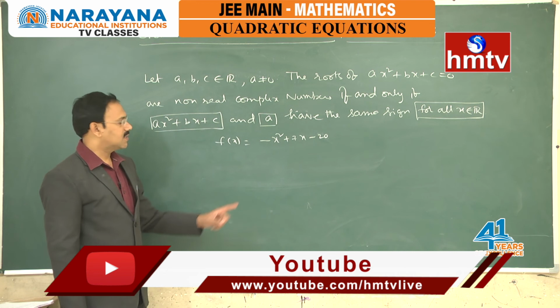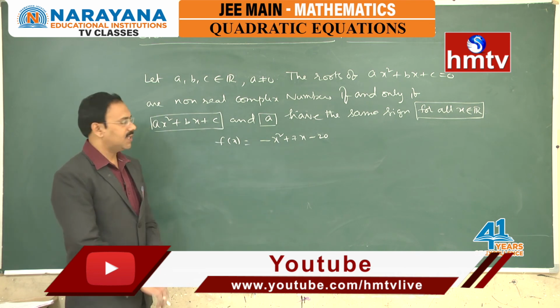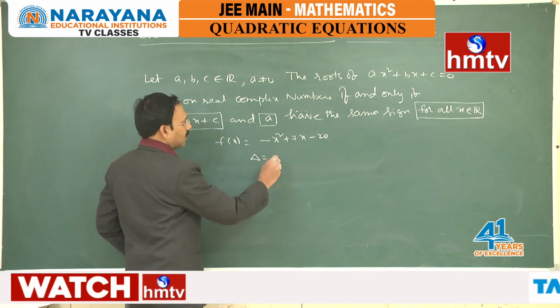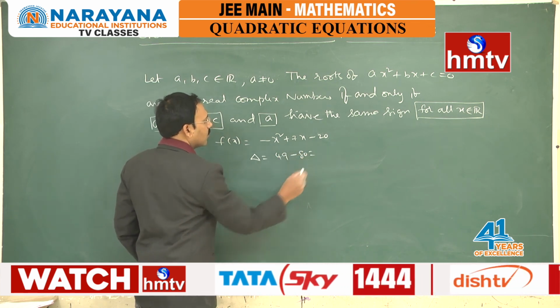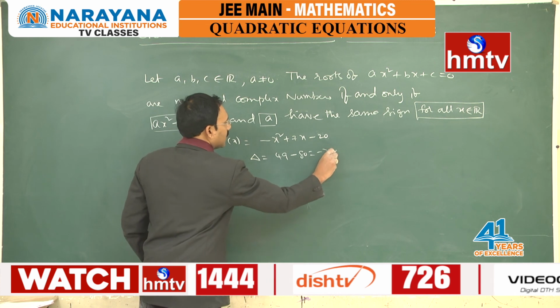In this case, the x square coefficient is negative, you observe delta. Delta is b square minus 4ac, which is a negative quantity.